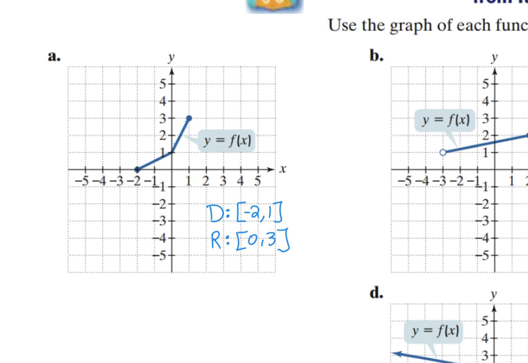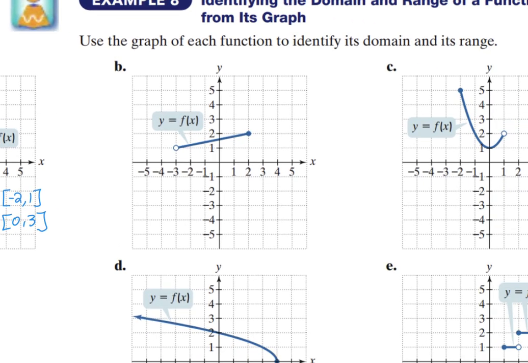And similarly, any point on the function where you can go left or right to the y-axis, that needs to be part of the range. So on B, the domain will be parentheses -3, because we have our open circle, to 2, close with a bracket. And the range, it looks like we go from 1 to 2.